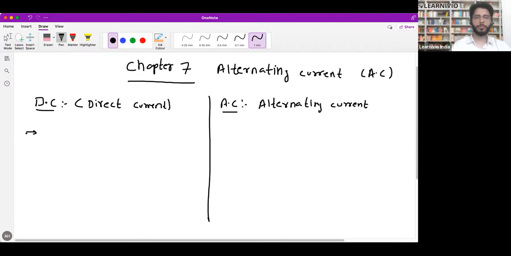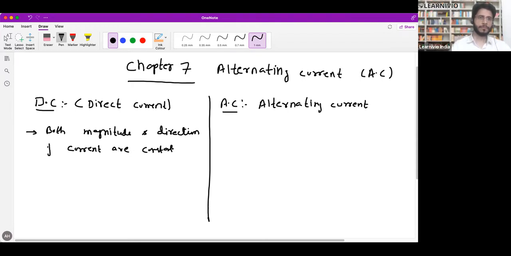In DC current, both the magnitude and direction of current are constant. That's DC current.